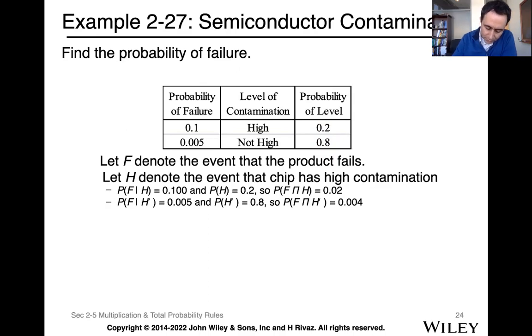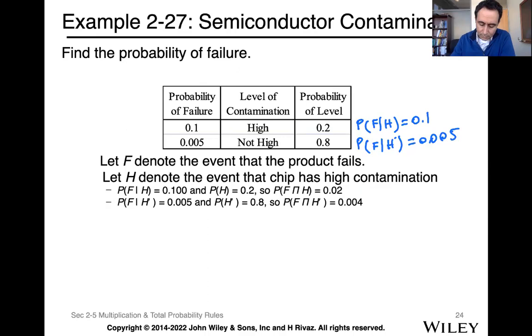So in the top case, if we have high contamination, P of failure given high contamination is 10%. So if the part has a high level of contamination, there's a high chance that it fails. And if the part doesn't have high contamination, probability of failure is 0.005, right?